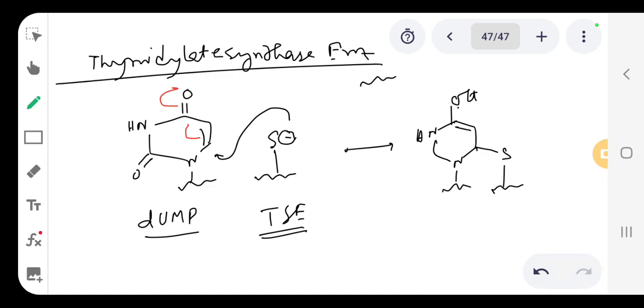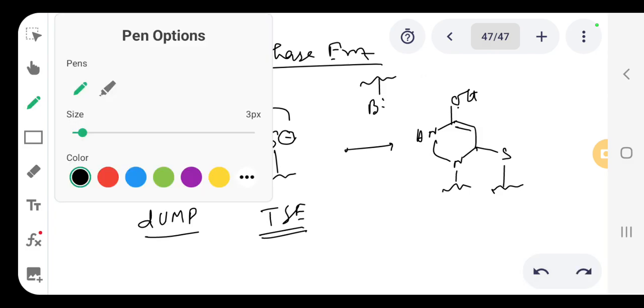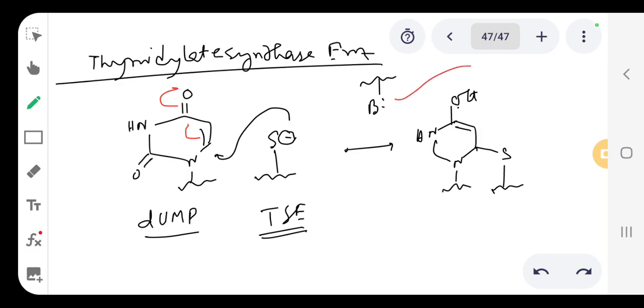In our body there is no absence of bases, so there will be a base. The base will take the hydrogen, this will open up and this will attack. Which will it attack? It will attack that CH2 which was changing in the previous coenzymes. So it will attack the coenzyme CH2.